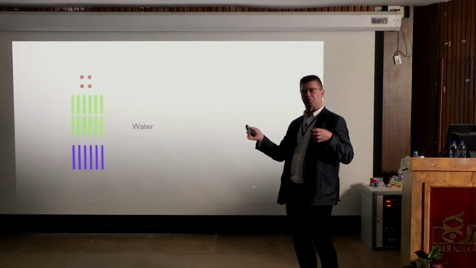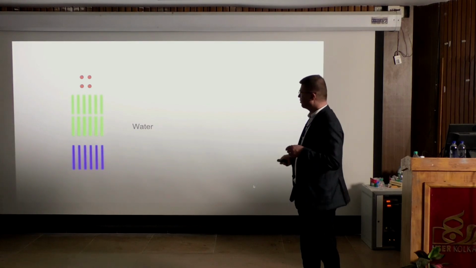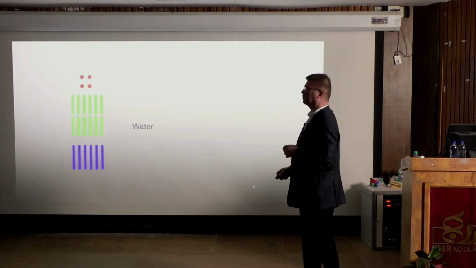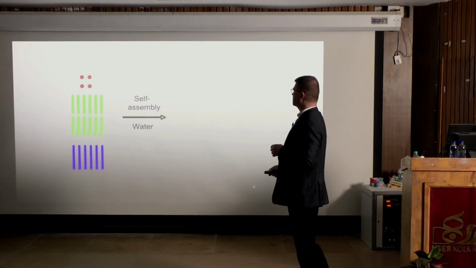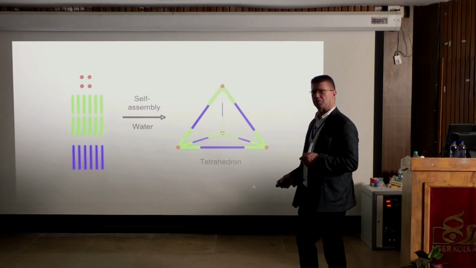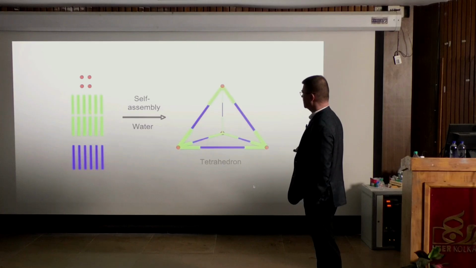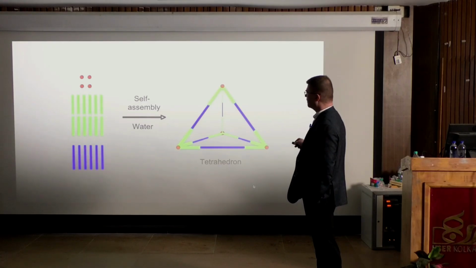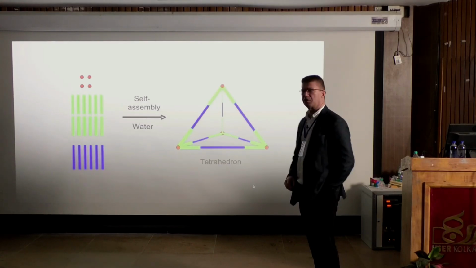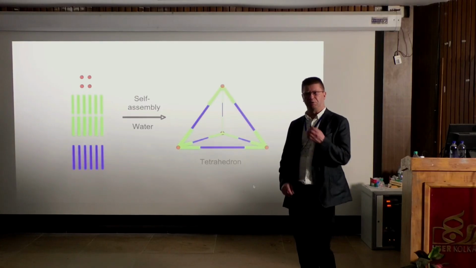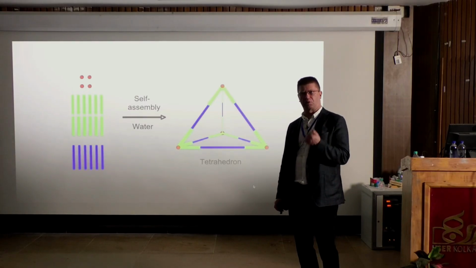So we don't have the ligand yet, but it will be formed by itself from these components. And self-assembly creates this. So now you can see that we need two of the green ones and one of the blue ones to make one edge, and then we have the metals in the corners. That's the tetrahedron. It happens in water by itself in a quantitative yield.